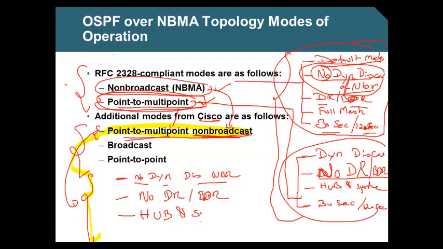And the timer is same, 30 and 120 seconds. That is the third mode called point to multipoint non-broadcast. Are you comfortable? Any question? No questions? Alright, let's see the other two now.